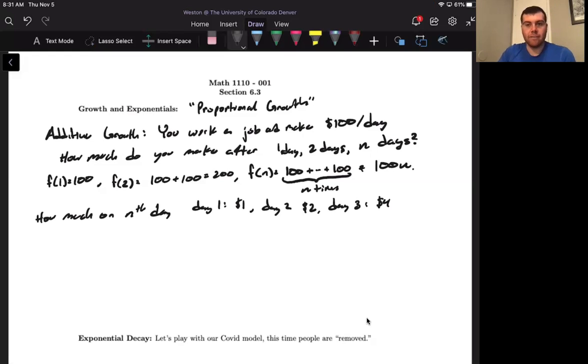So it keeps doubling. So now it has this proportional growth factor where you're going to grow in an amount based on the amount you had the day before.